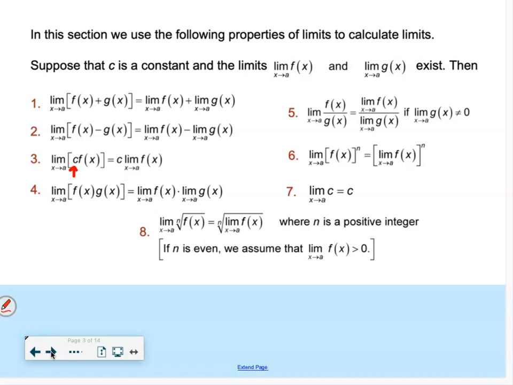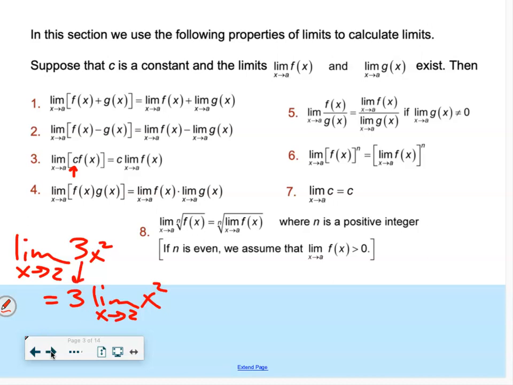It's just a number times your function, right? So what does it mean when we have a limit of a scalar times a function? You can move the scalar in front. All that's saying is if I have the limit as x approaches 2 of 3x squared, that's the same thing as 3 times the limit as x approaches 2 of x squared. You can take this constant multiplier and put it in front, and you'll get an equivalent answer.